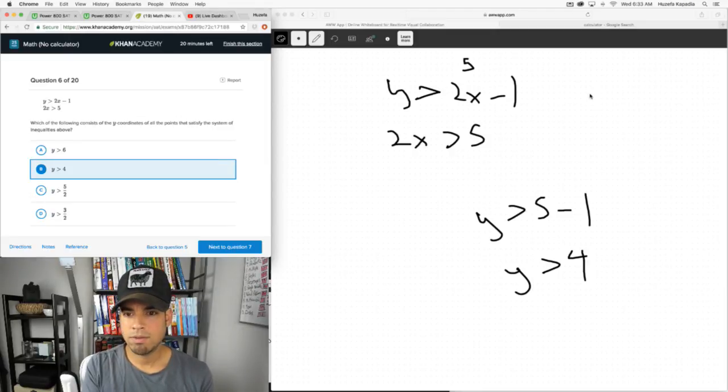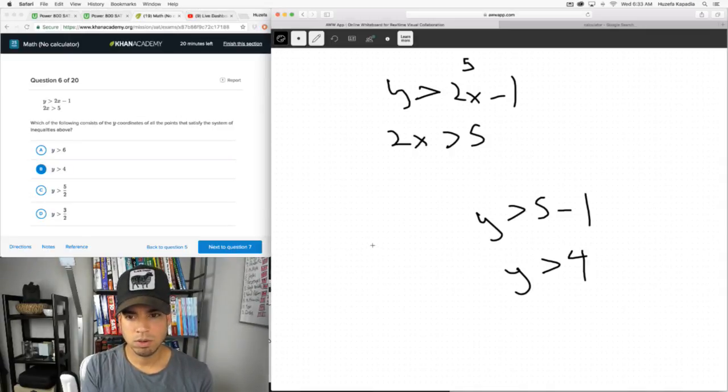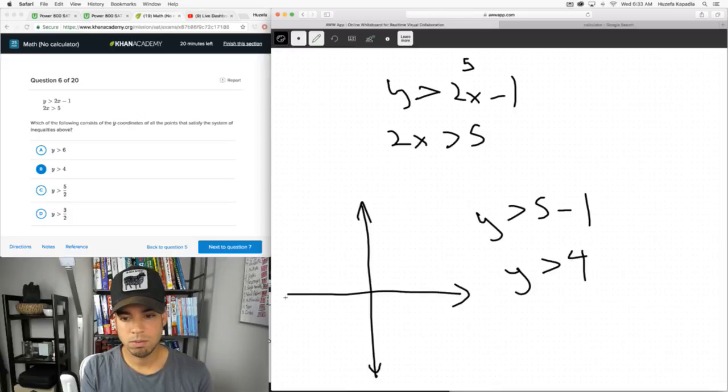And if we were to graph it, let's just see really quickly. x is greater than 5 halves. I'm just going to look at the graphical representation. So minus 1, up 2 over. Here's this line, and it's everything up here. And then x would be 5 halves, so 1, 2, that's 2.5.